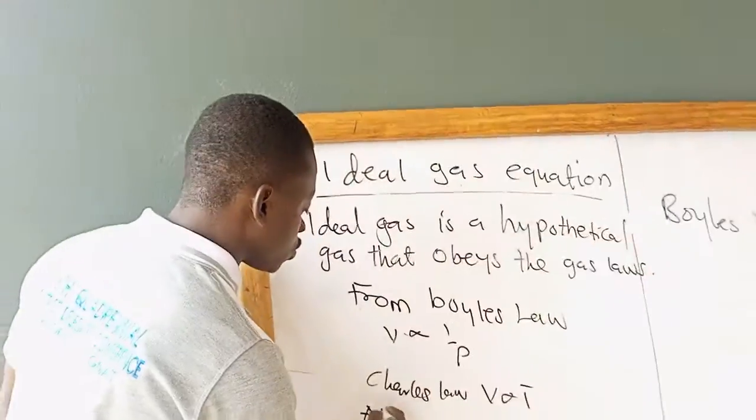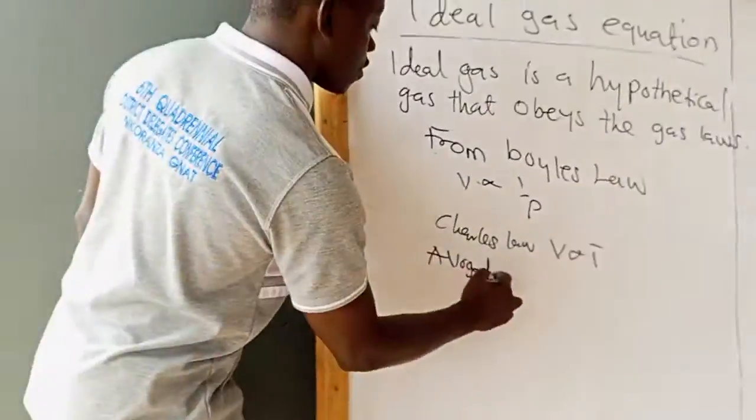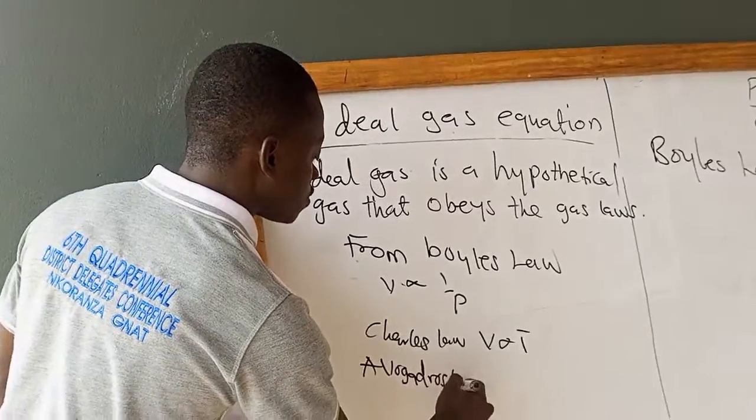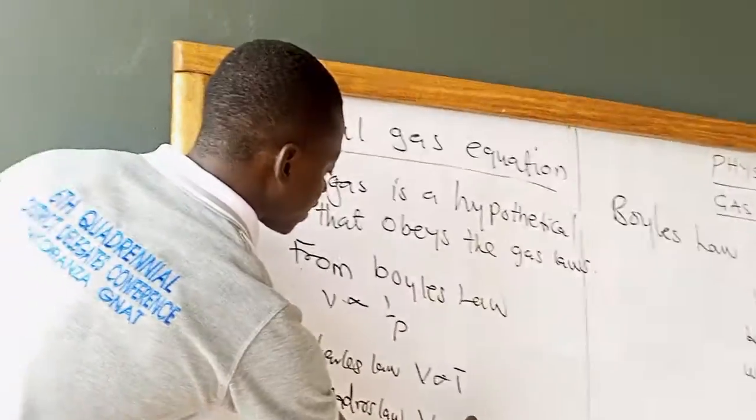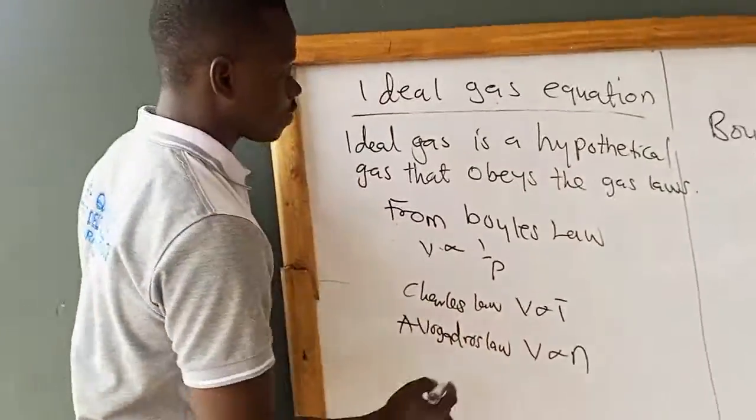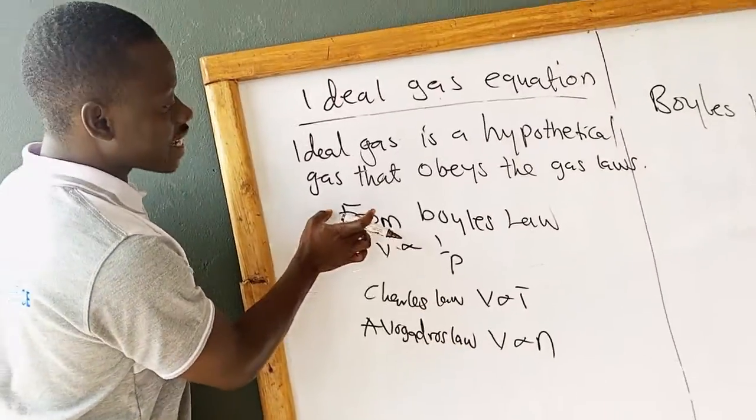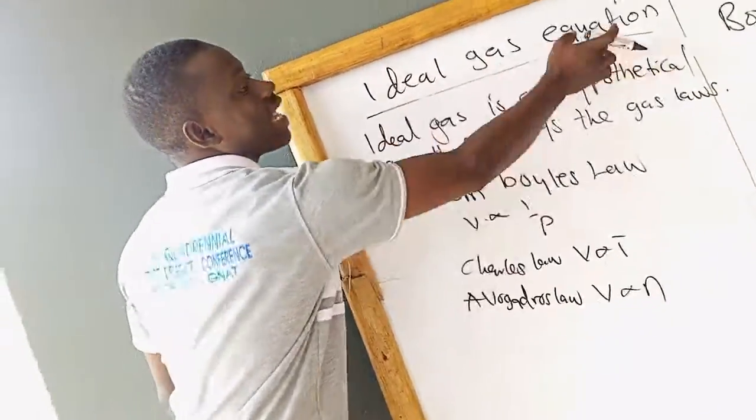But Avogadro's law is saying the volume is directly proportional to the amount of substance. So we are using the three laws to get the ideal gas equation.